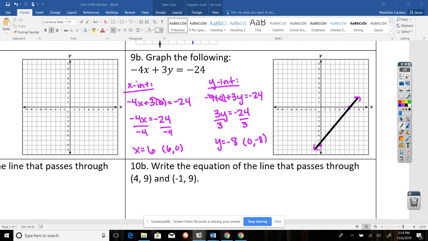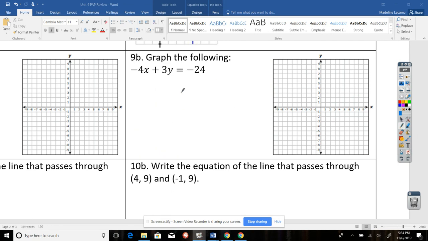Now the other way to do it, we can solve for y. So I have negative 4x plus 3y equals negative 24. So I could add 4x to both sides. So 3y equals 4x minus 24. Then I can divide by 3. So y equals 4/3 x minus 8.